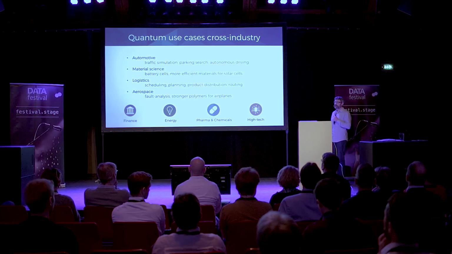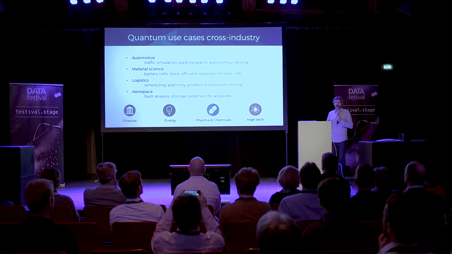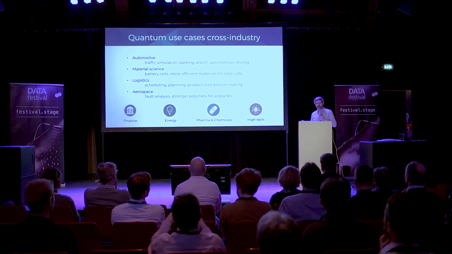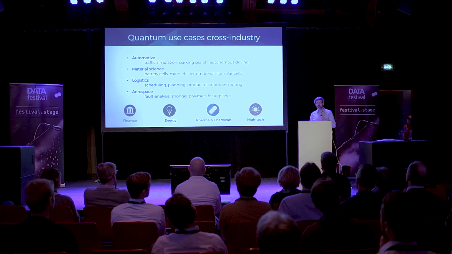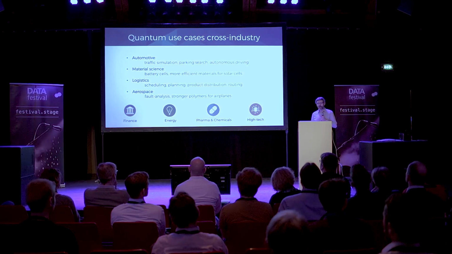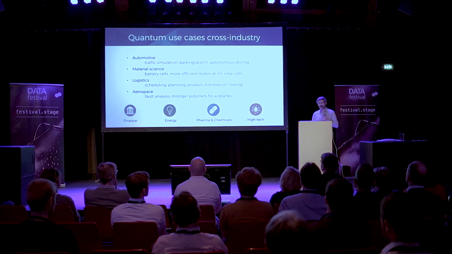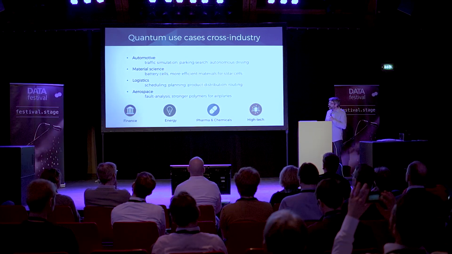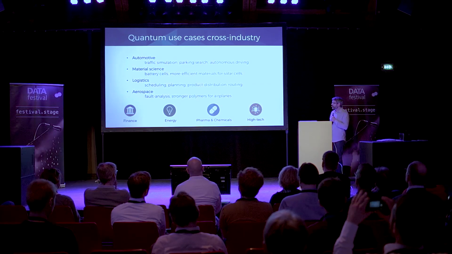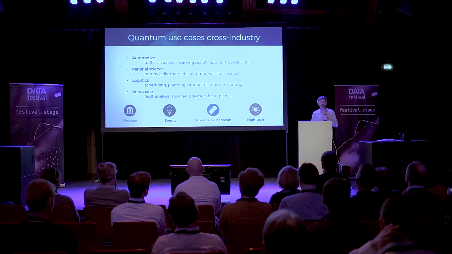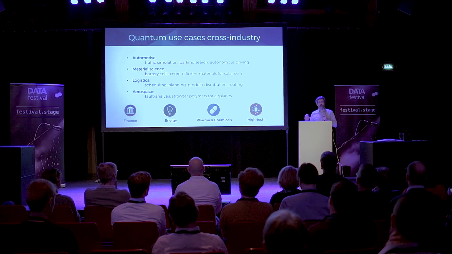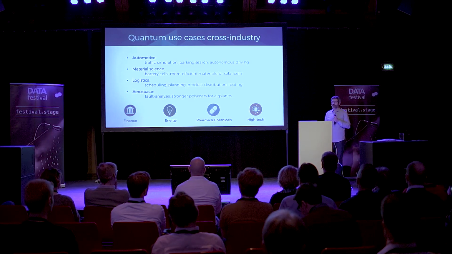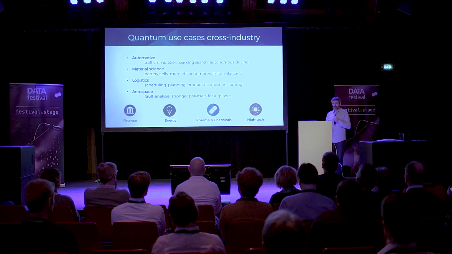You can heavily use that in material science to find new battery cells, new materials for solar cells. You can also do polymer folding or optimization. You can use it in logistics, in aerospace, and also in all these other verticals as well, because optimization problems you will encounter everywhere, and very often they are pretty hard and complicated to solve on classical machines.